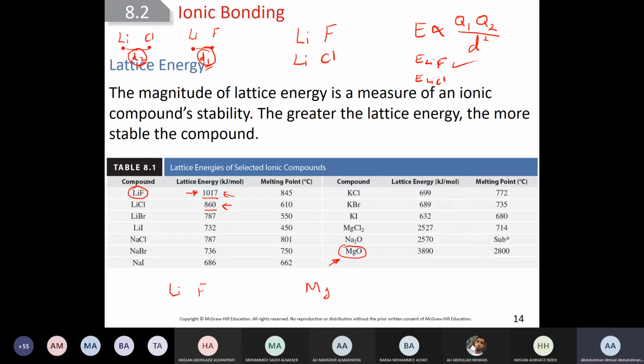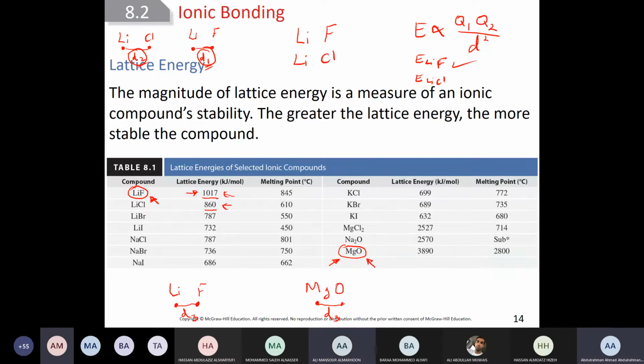Compared to MgO, the distance from nucleus to nucleus is almost the same. They are very close. I'll call it D3, and they're almost the same. Why is the value for MgO much greater than lithium fluoride?